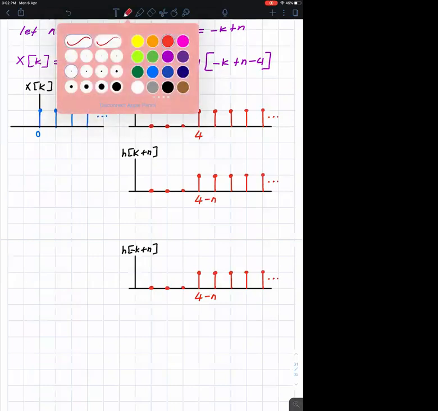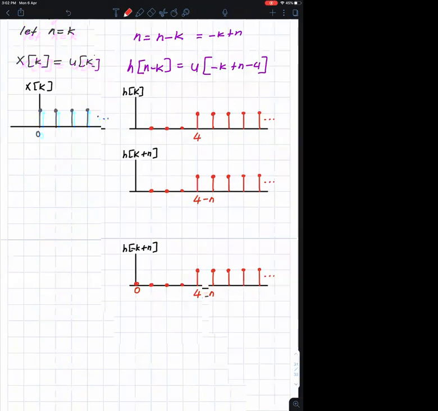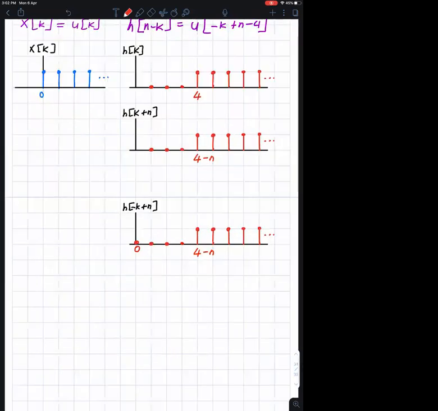You're going to flip the signal about 0. You're just going to flip the signal about k equal to 0.